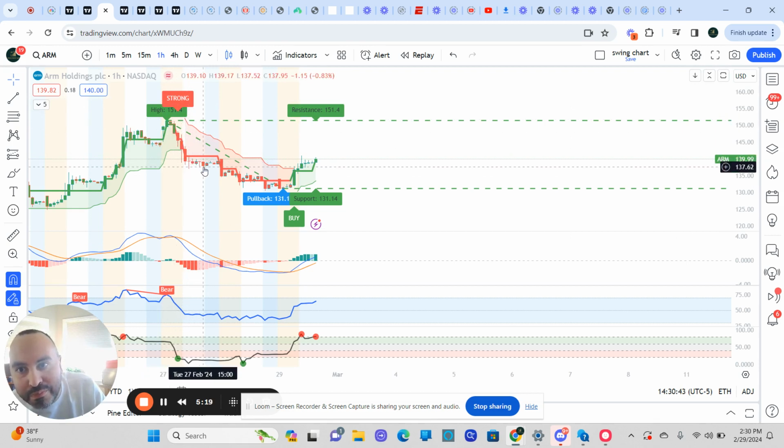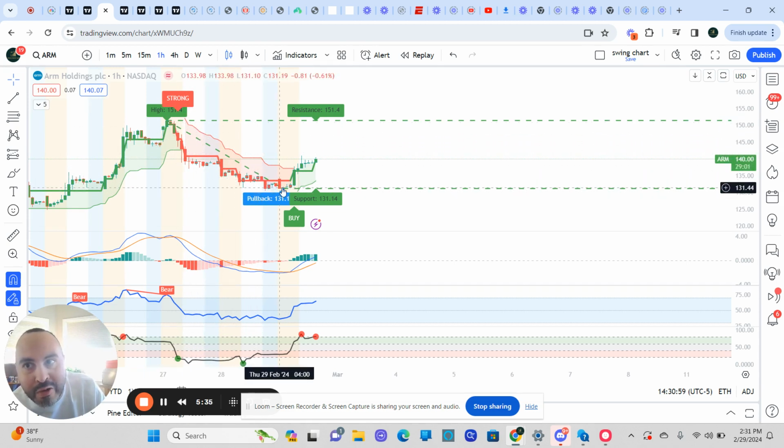They would have paid decently, maybe 30-40% here throughout the day. But had you held them through, this would have been a good, almost 200% play, somewhere in that range on these ARM puts.